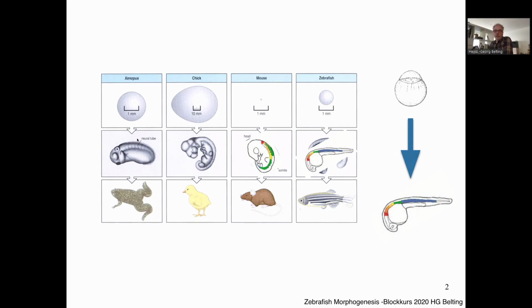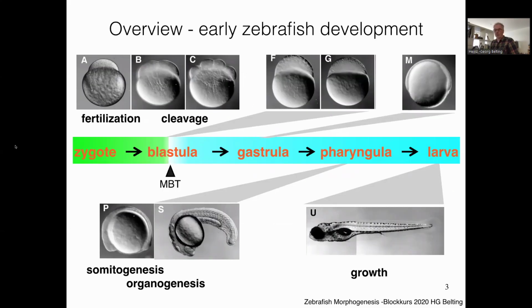Nevertheless, although these embryos look very different in the beginning, all these vertebrates go through something that's called a phylotypic state. What is meant by that is that the phylotypic stage represents all the basic features of that clade, which means they have a central nervous system that you can see. They have the basic features like here in the xenopus, you see the otic placode. Also, the fish has that.